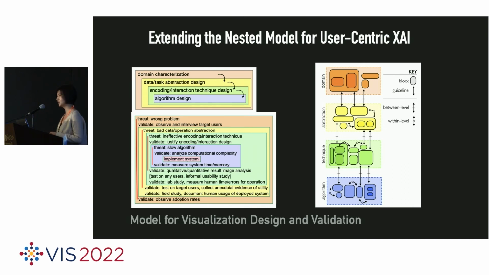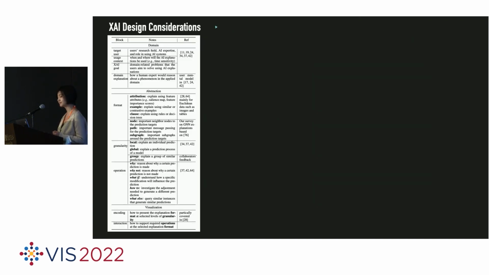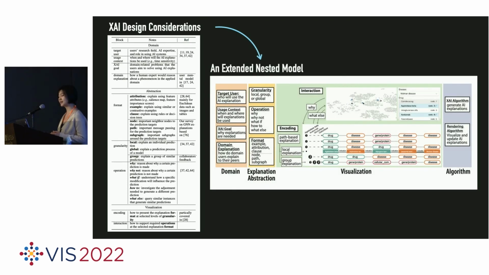Many design models and frameworks have been proposed. Can we apply those design models for visualizing AI explanations? Our answer is yes, and this is exactly what we did in this study. We incorporate a diverse set of user-centric XAI design considerations into the different layers of visualizing AI explanation, based on a literature review and our collaboration with domain experts.